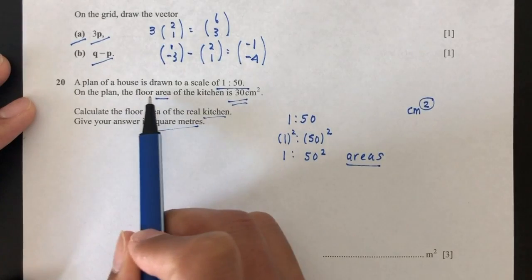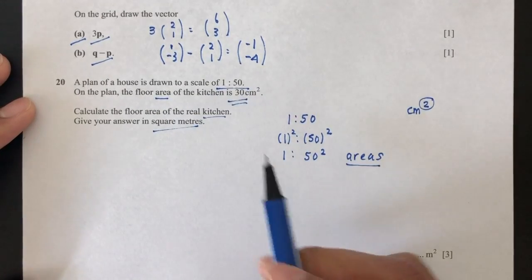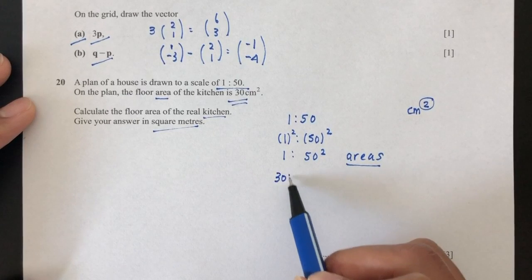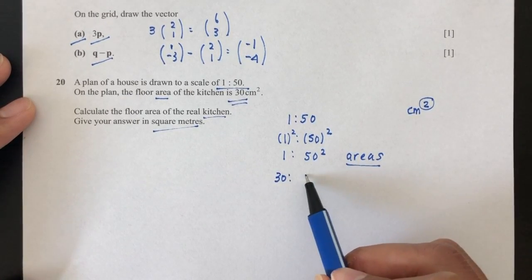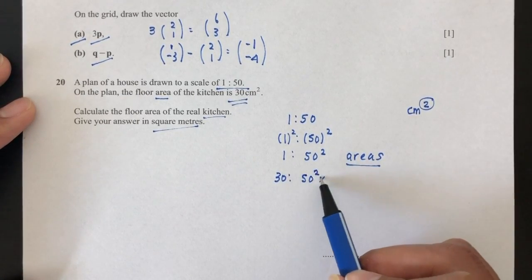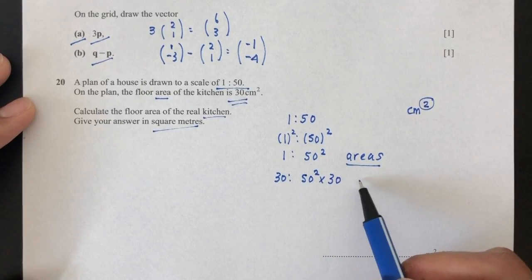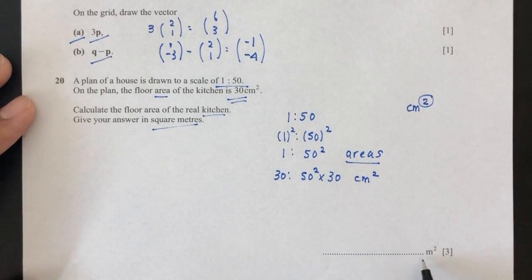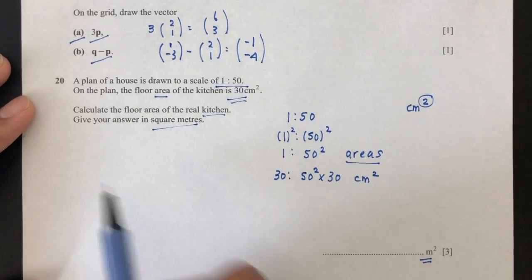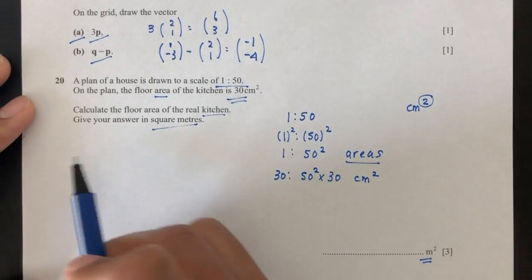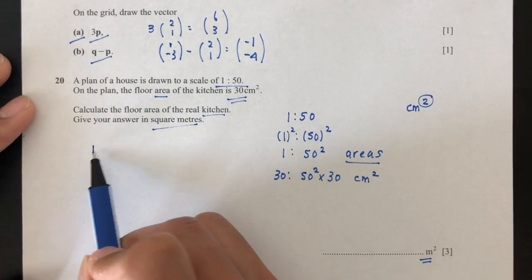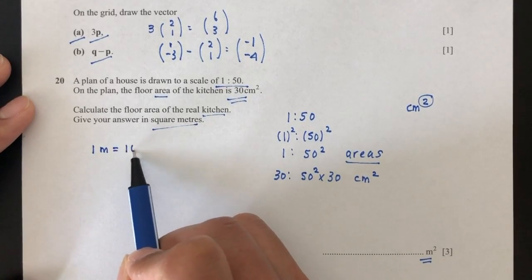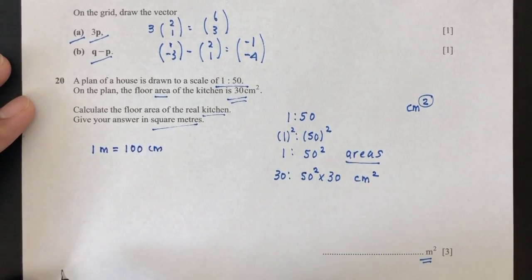Now we know that the floor plan is 30. Find the real one. It has to be 50 square times 30 for the real one. That will be in centimeter square. Now we have to convert this to meter square. So what is the ratio of this to this? As you should know, 1 meter is equal to 100 centimeters.